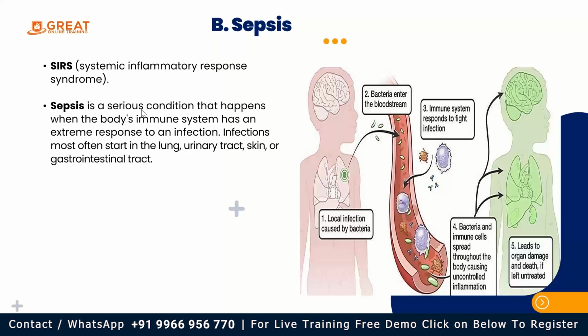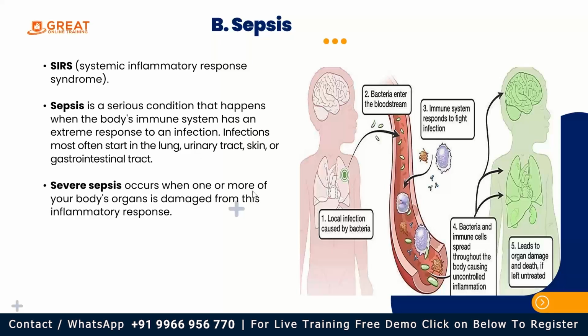Severe sepsis occurs when one or more of your body's organs are damaged from this inflammatory response. When one or more organs get damaged, it is known as severe sepsis.